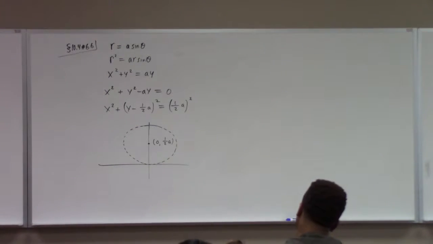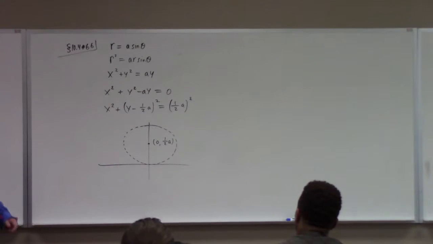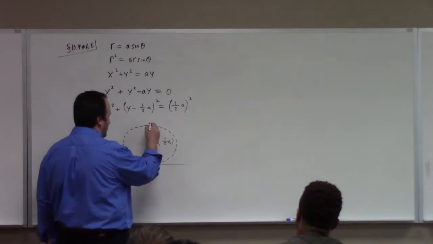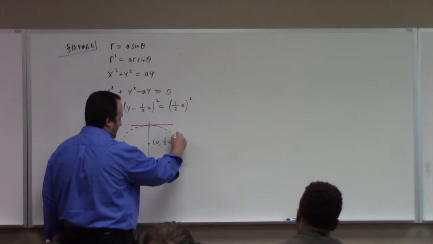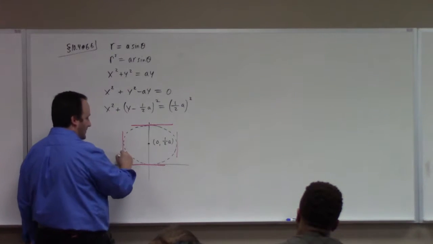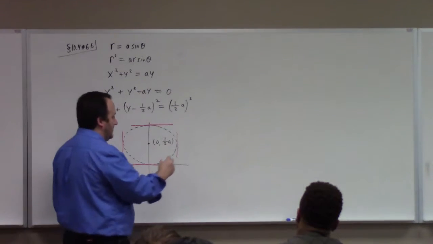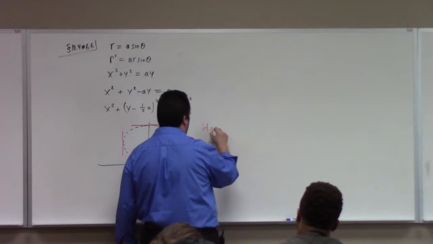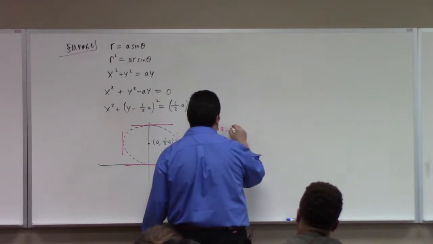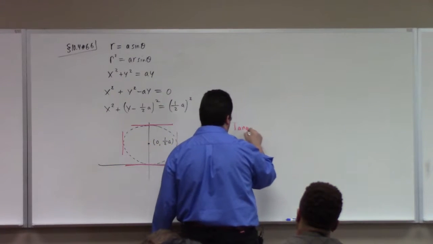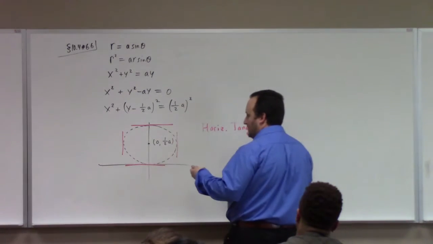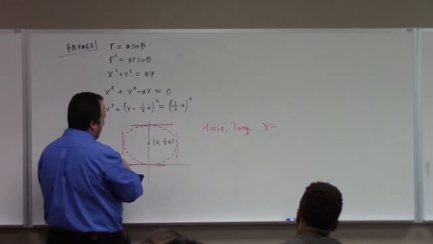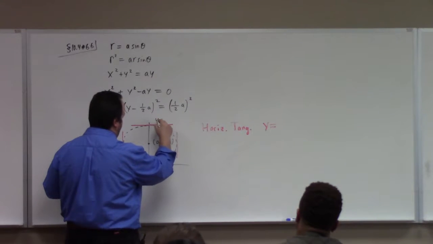I don't think you need calculus to figure that out. This is a horizontal tangent. These are the vertical tangents, right? Up here, this is y equals a.